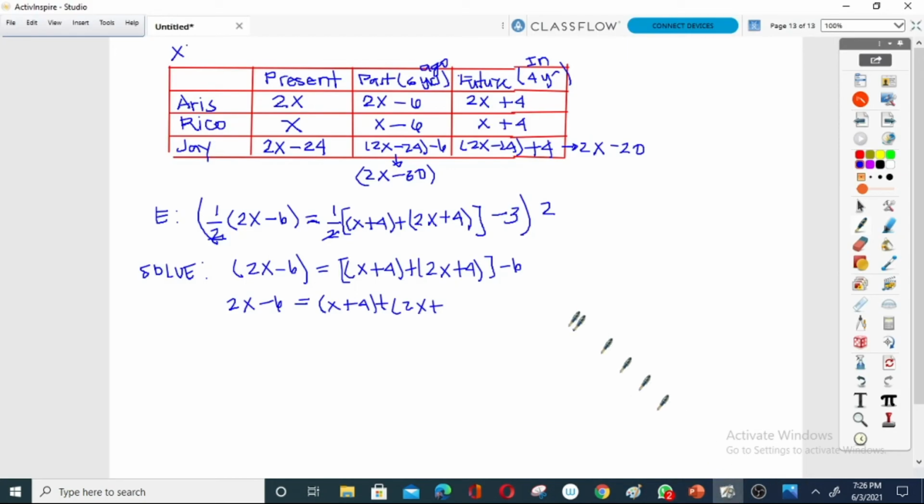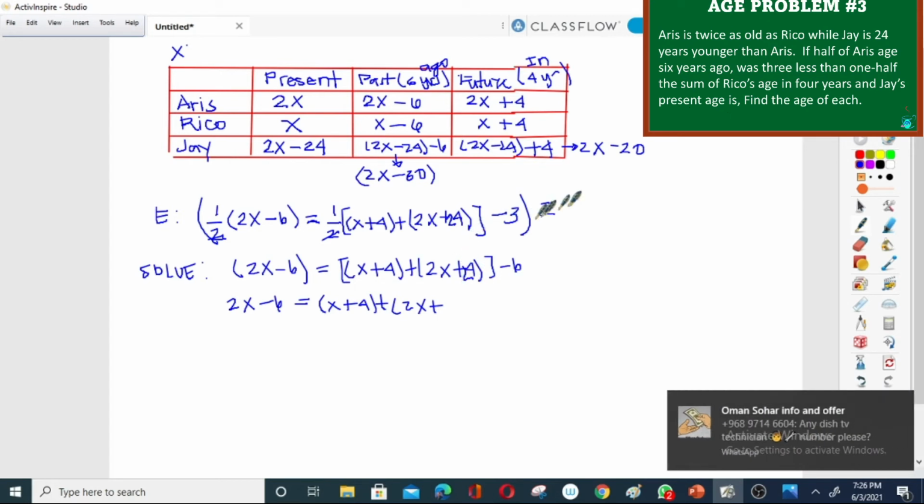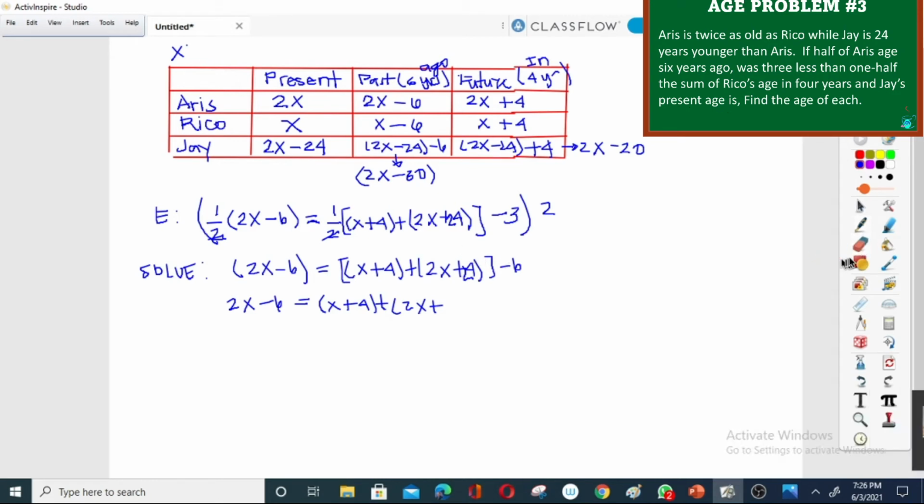Sorry, 2x minus 24, because J's present age is 2x minus 24.